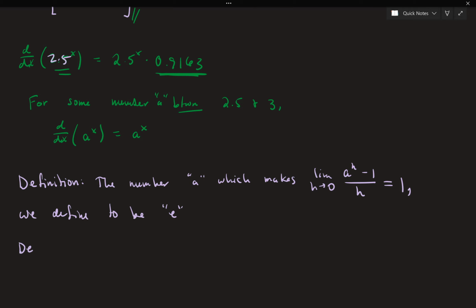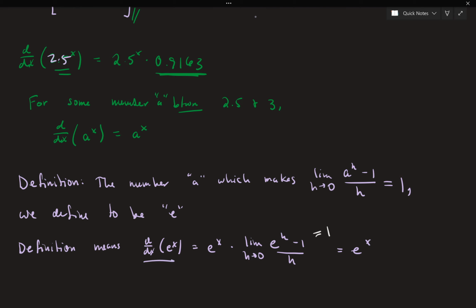So the definition means the derivative of e to the x is e to the x times that limit, e to the h minus 1 over h. By definition, I'm not proving it, it's between 2.5 and 3. That limit is 1. And so I just get e to the x.